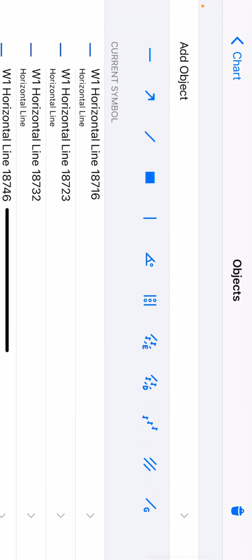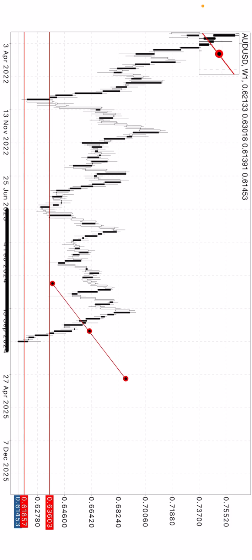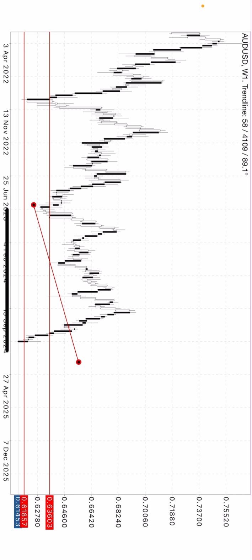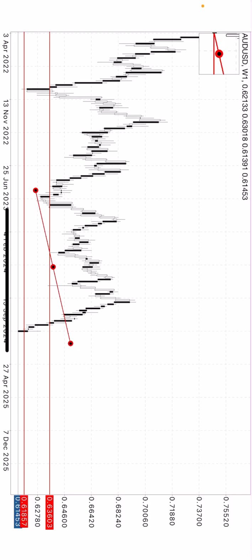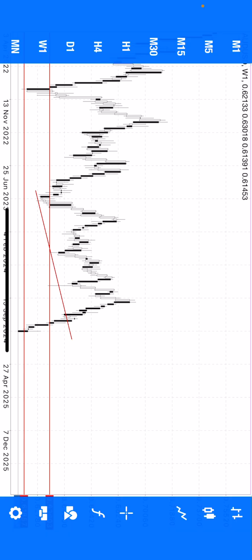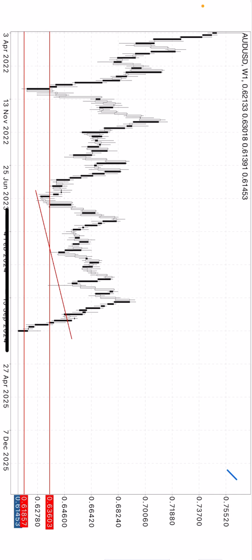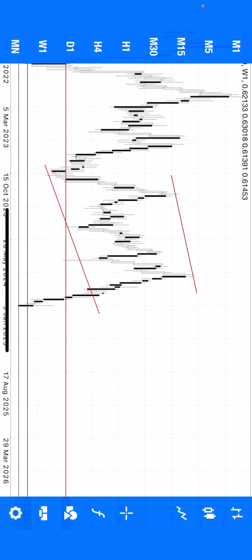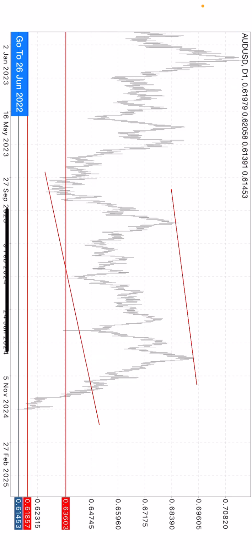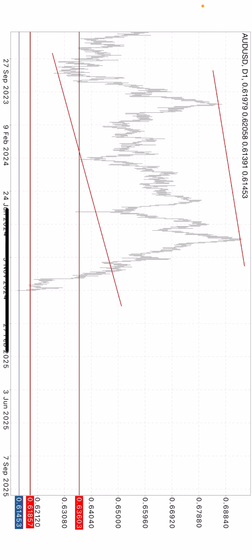In the overall structure, you can see we had a very big wedge which was broken. Hope you can all see this very big wedge. So this very big wedge was selling massively.